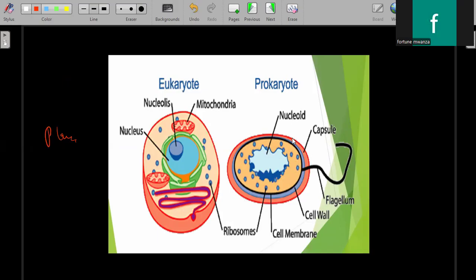So bacterial cells are prokaryotic cells. You can see here you don't have a nucleus, you have a nucleoid instead. The cell has peptidoglycan in it. You can also have the flagella and the pili and so on. Those are parts you find in prokaryotes, not in eukaryotes.